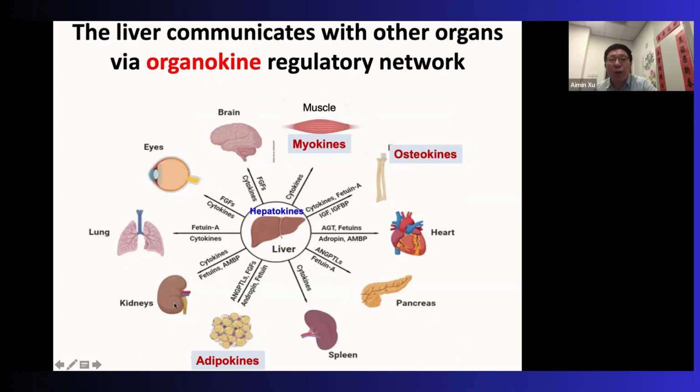This regulatory crosstalk between different organs through these organokines plays a very important role in regulating tissue energy homeostasis and tissue functions.